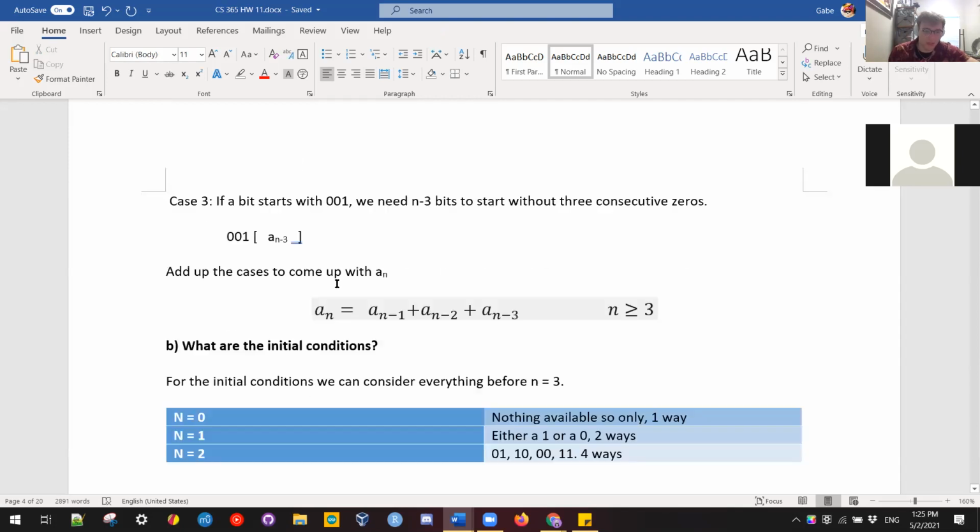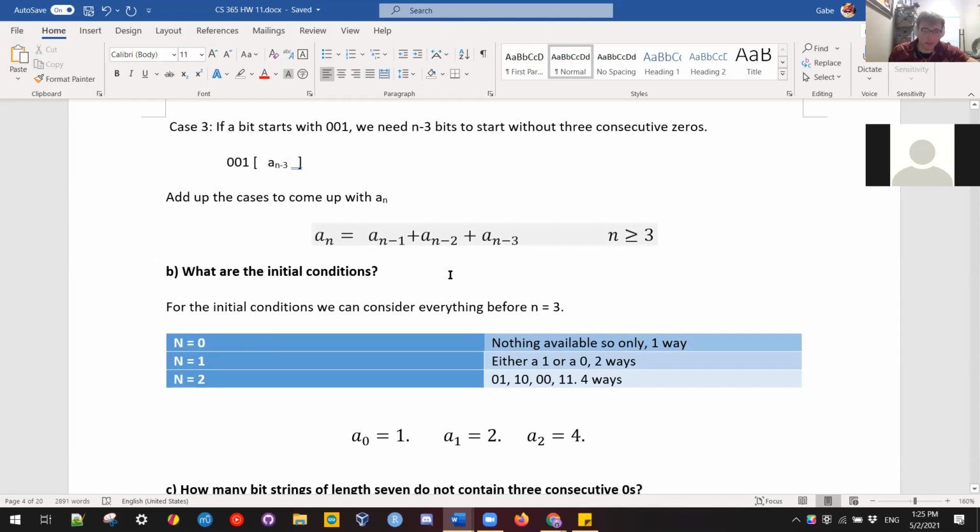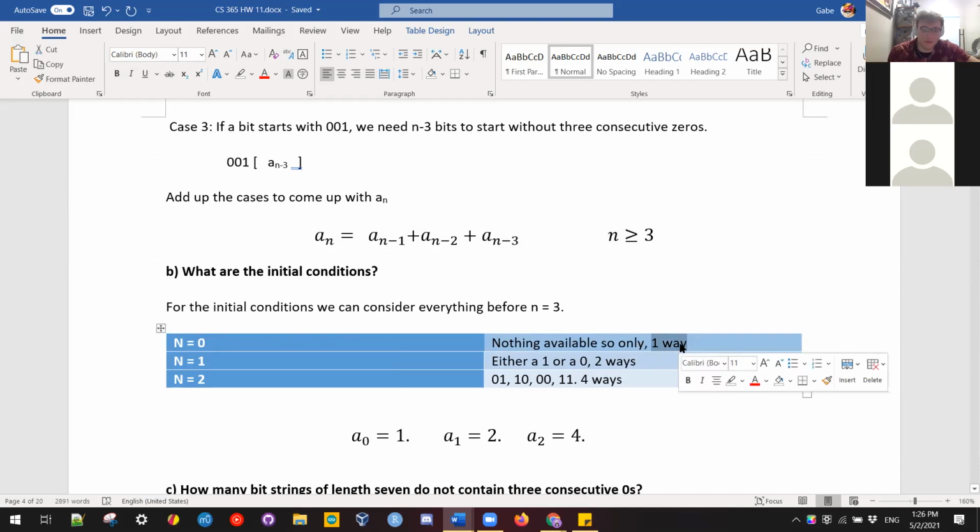Anywho, so part B, so what are the initial conditions? So this is just everything before 3. So using the Eric method that we used last time, we could say that n is 0, so there's literally nothing. So there's only one thing that exists. There's only literally nothing. Yeah, you can't do anything. It's the empty string in this case. Right.